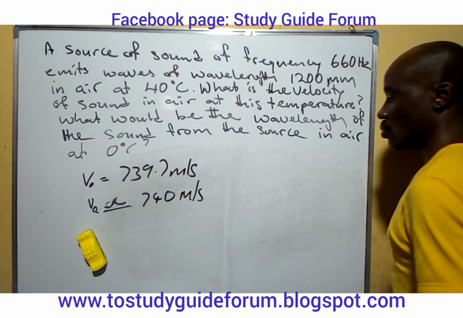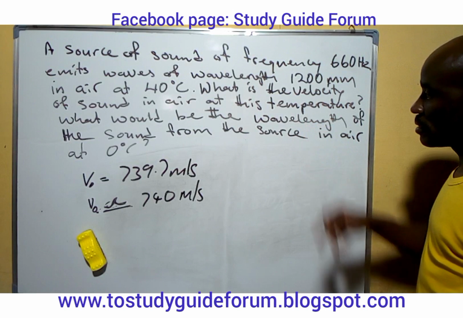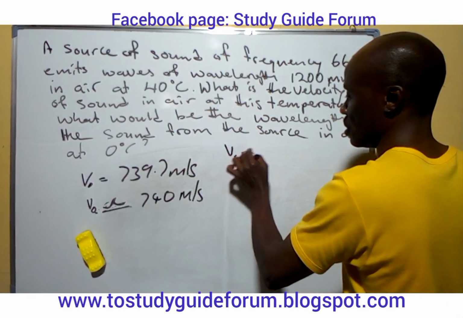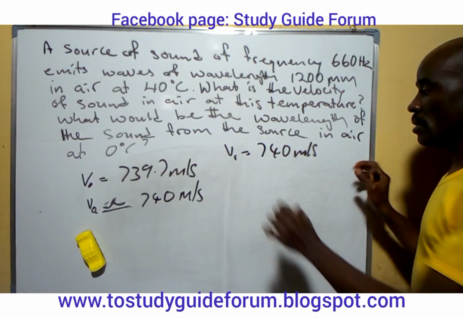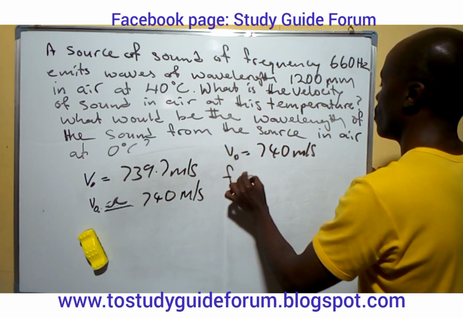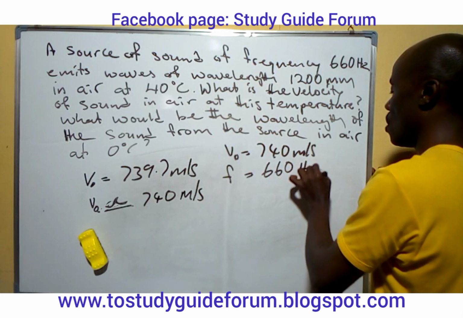The next thing we are going to do is find the wavelength. The velocity at this temperature is 740 meter per second. The frequency remains the same, 660 hertz.